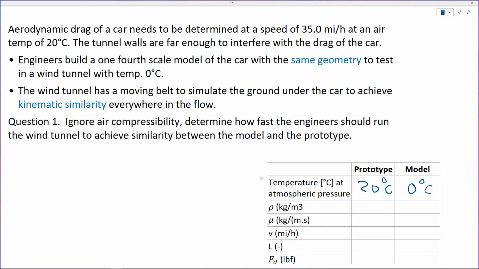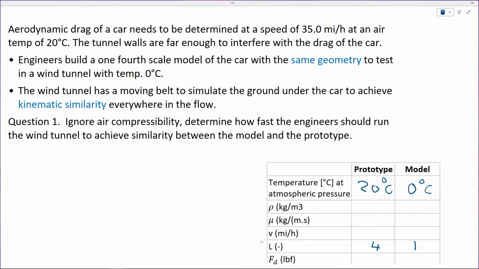So the length here, that would be 1. That's 4 times larger than this one, so the length here would be 4, and the length here would be 1.